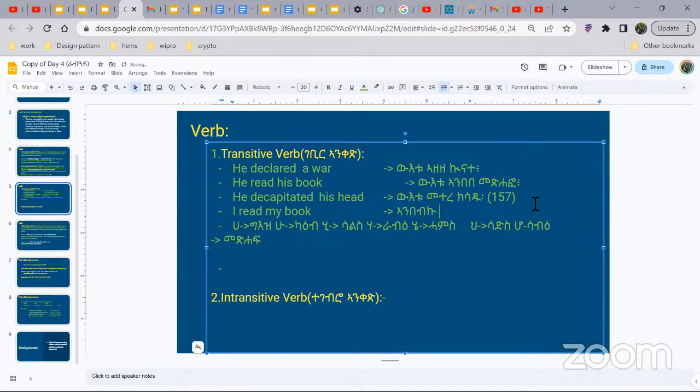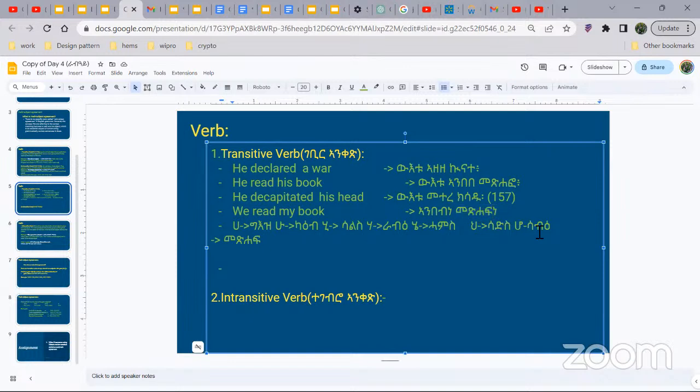መጽሐፍየ, here it has become possessive and has not changed. We read our book: አንበብነ, አንበብነ መጽሐፍነ. That will be wrong, because መጽሐፍነ is an object, right?